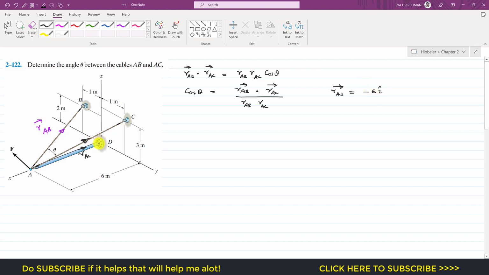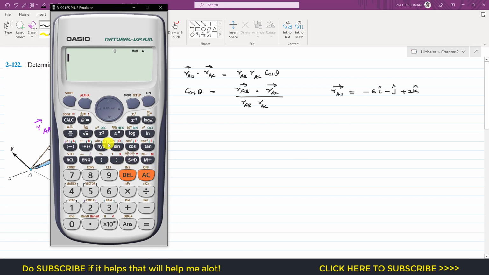Then we need to move 1 meter in the negative j direction, or negative y direction, so I will write minus j. Once we reach here, we need to move 2 meters in the positive k, so plus 2k. So this is the position vector from A to B.